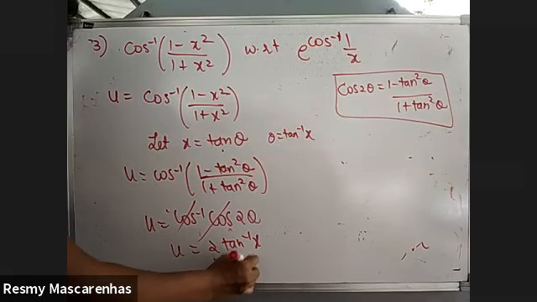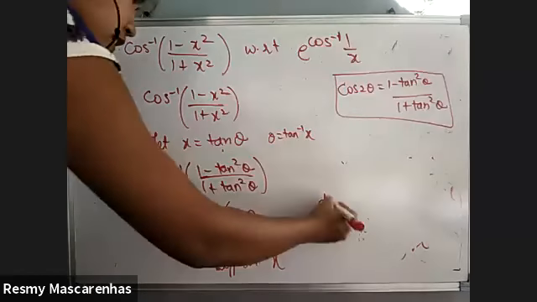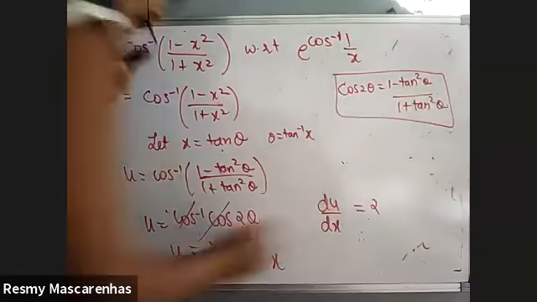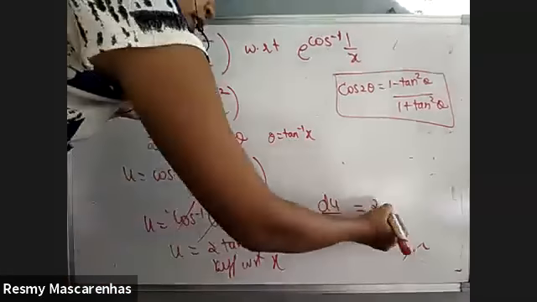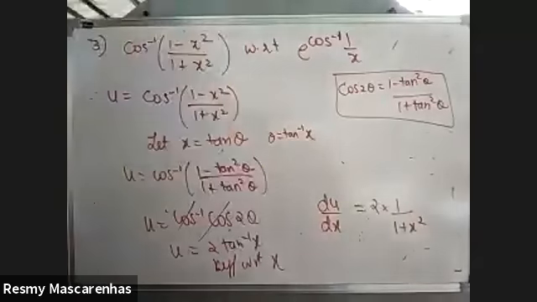Differentiate with respect to x. So du upon dx will be equal to 2, and derivative of tan inverse x is 1 upon 1 plus x square. So this is your answer.